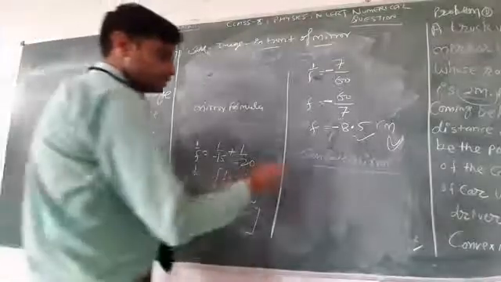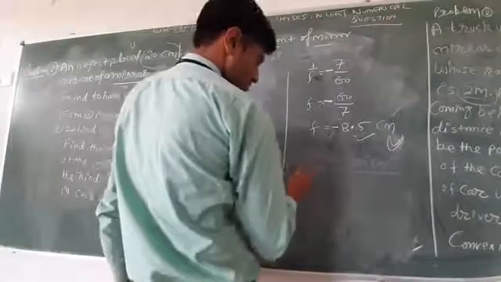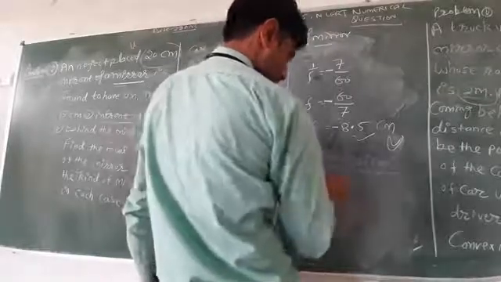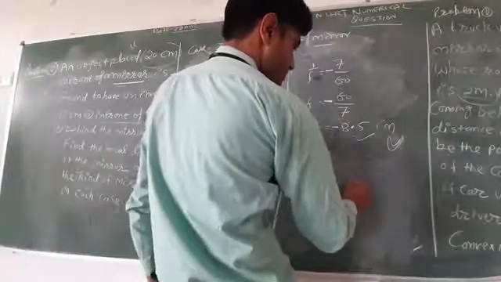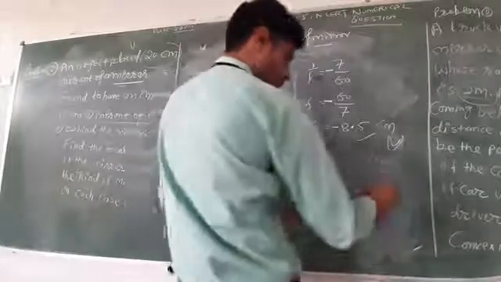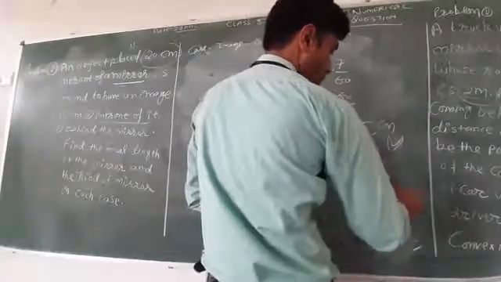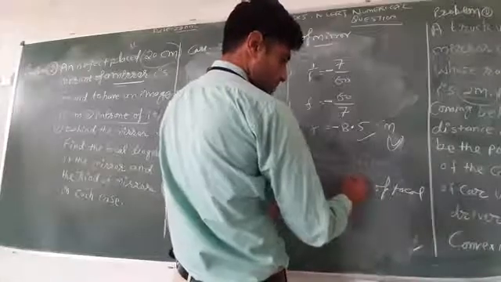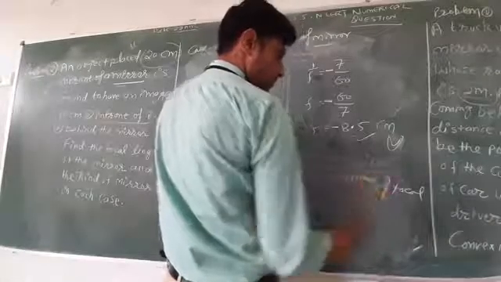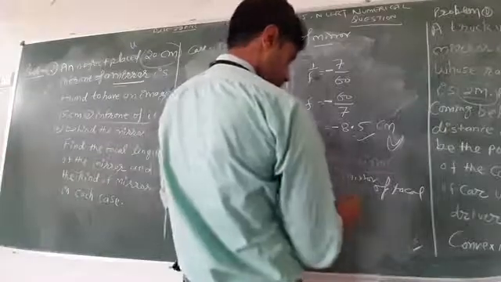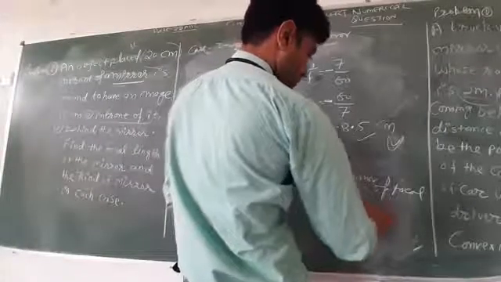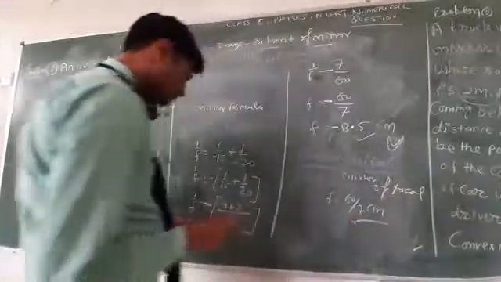So the kind is concave. This is a concave mirror of focal length F equal to 60 upon 7 centimeter. Clear?